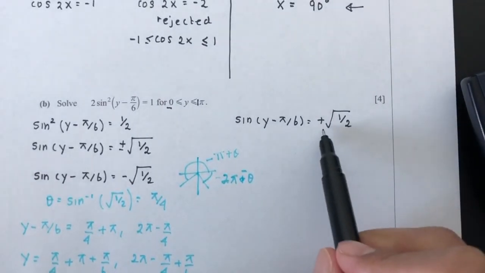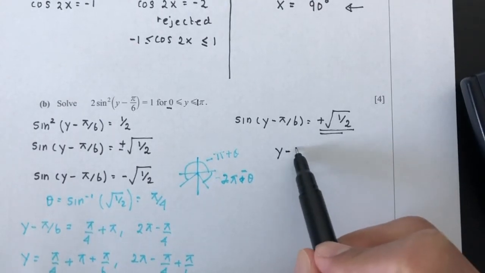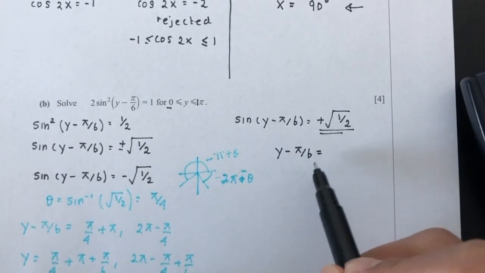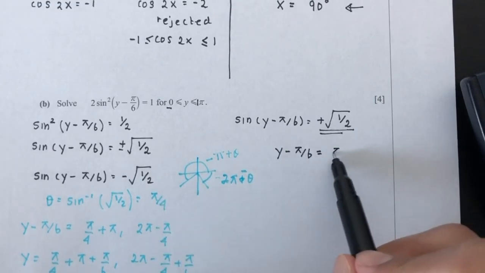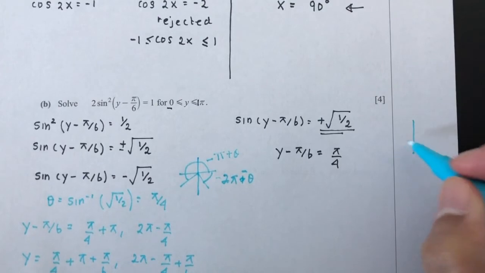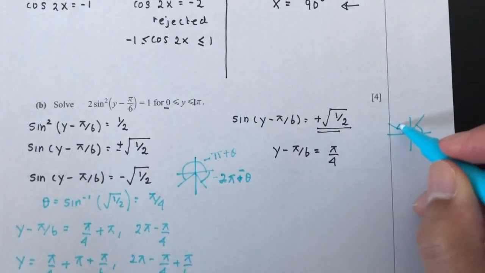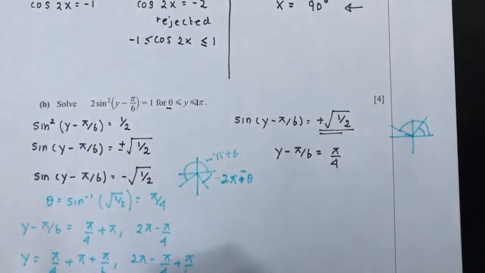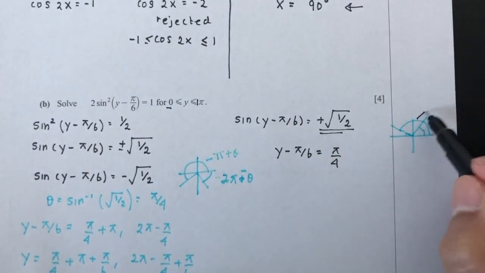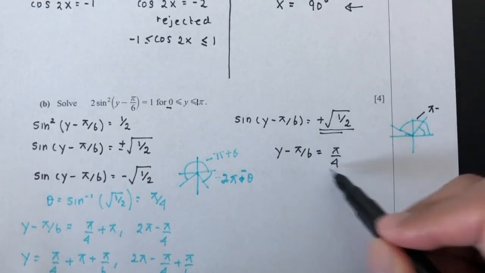So now since this is positive already, we don't need to go through this route. We can just find the angle now. y minus pi by 6 is equal to, so we know this is pi by 4. And we know that when sine is positive, it will be in your first quadrant and your second quadrant. Right? So the first one is just the value. The second one is 180, which is pi minus the angle here.